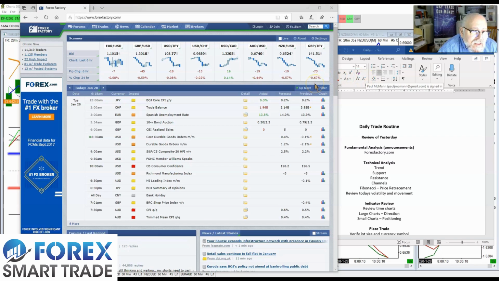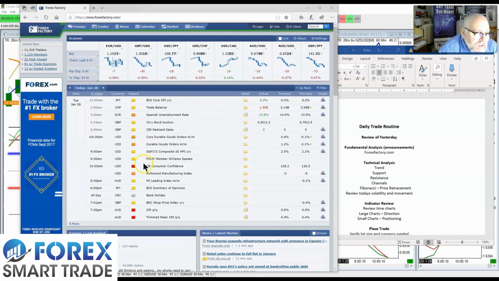When there's something that is going to interfere with normal price movement, which might be a news item, we want to stay away from it. So looking at Forex Factory gives us a quick idea of what prospective news items might be coming up. It also categorizes them by yellow, orange, and red. The ones I'm particularly interested in that might move the market are the red ones.